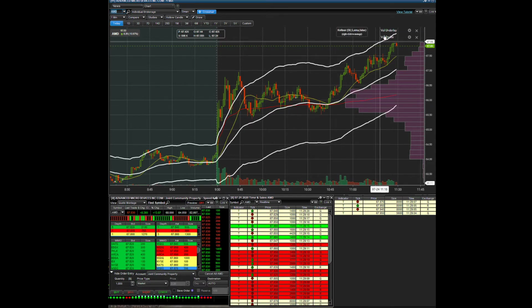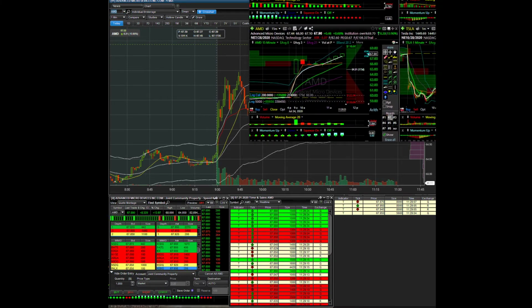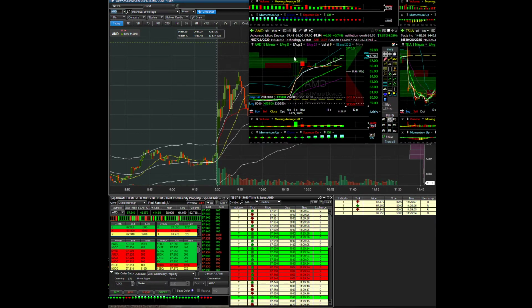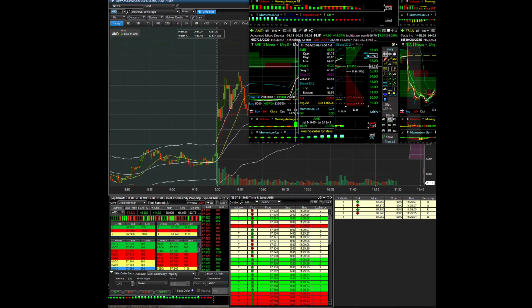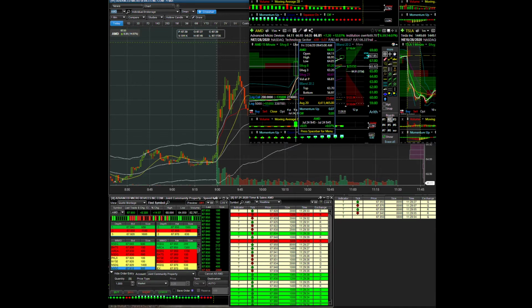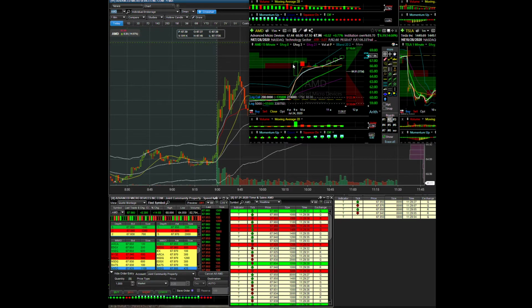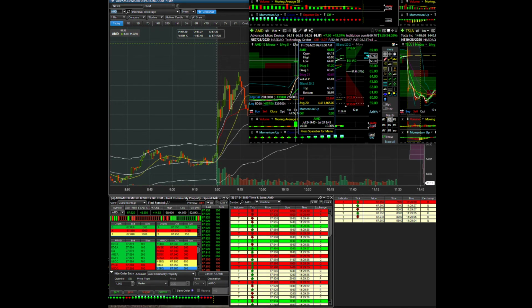And this is another one of my plays. If I bring this chart in here, this is my AMD 15-minute chart. The high was 66.95. So if we can break above 67, that's an opening range breakout.